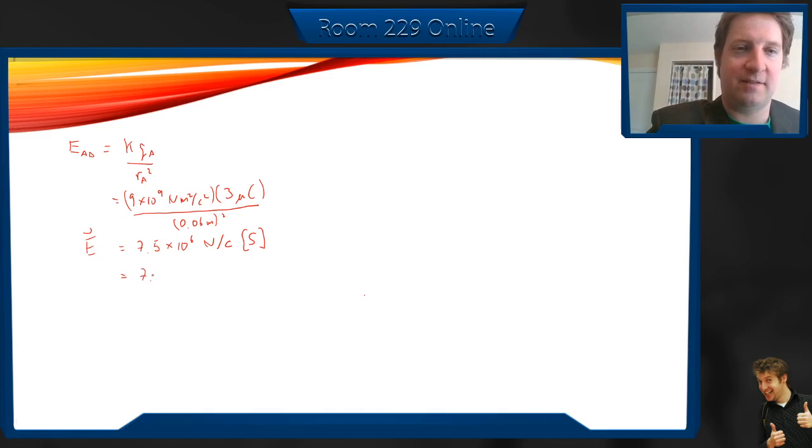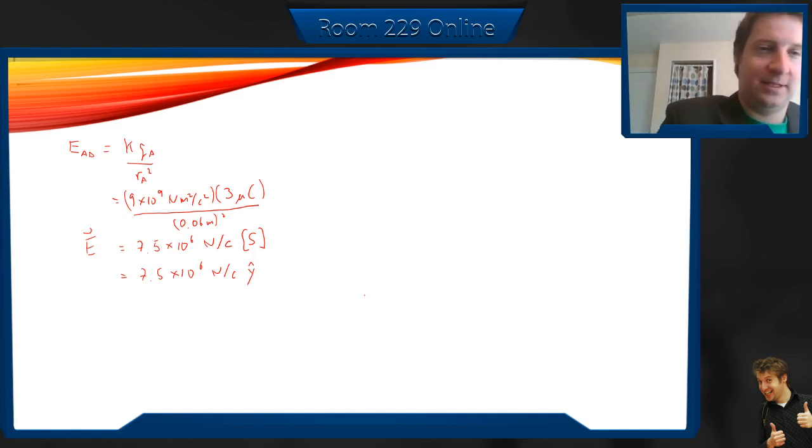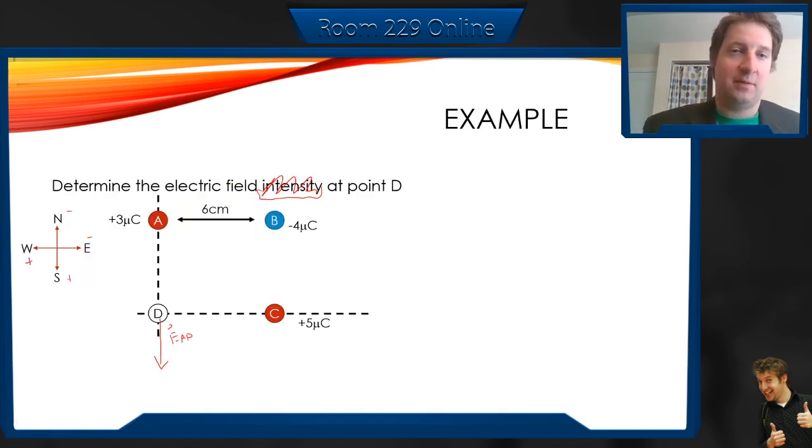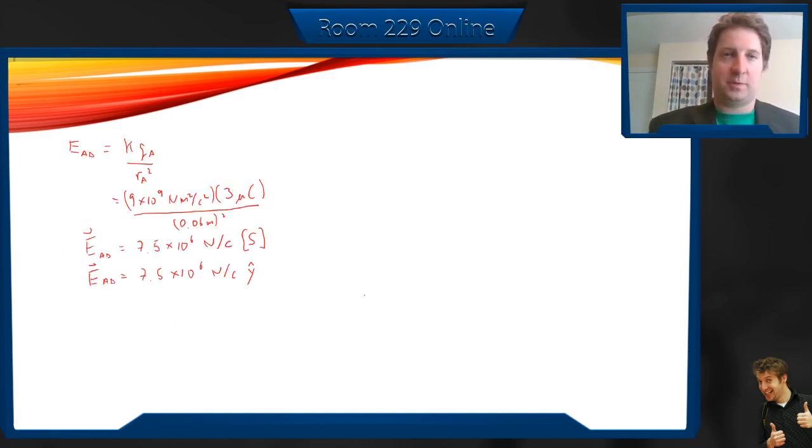I'm going to say 7.5 times 10 to the 6 newtons per coulomb in the y direction, the y hat. So this is E_AD, the electric field vector. This y hat is a unit vector in the y direction, and I'm keeping this as positive because I've defined down this way to be positive. So that's my first one.